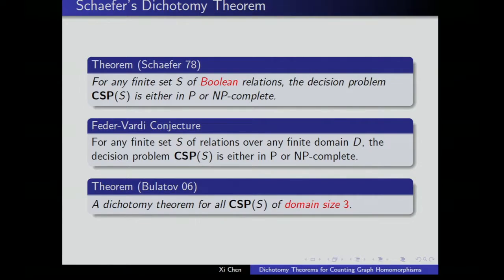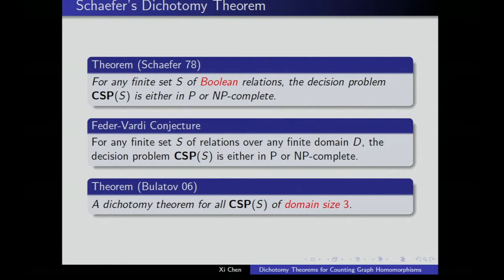So one of the classical results in this direction is Schaefer's dichotomy theorem. It's for the decision version of CSP over the Boolean domain. Okay, I will not define CSP. I think many of you are familiar with CSP, because this is not the focus of the talk today. I will define them more formally in tomorrow's talk.